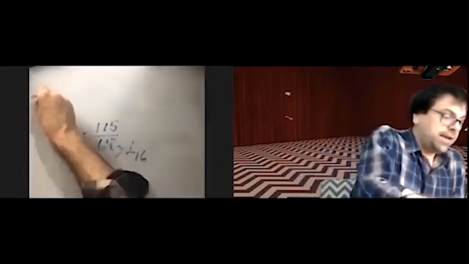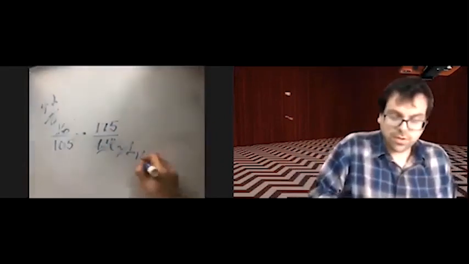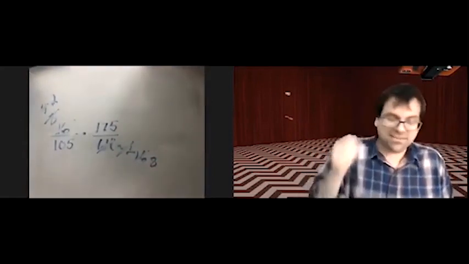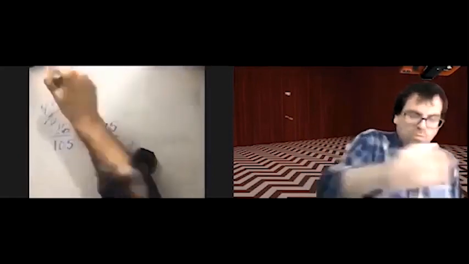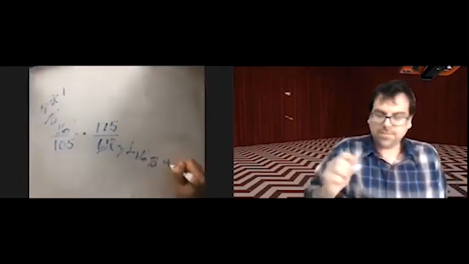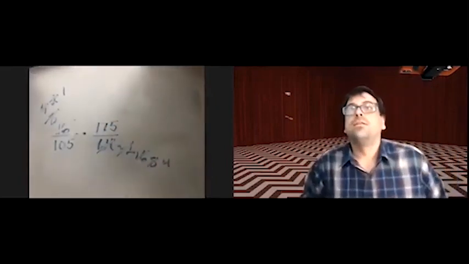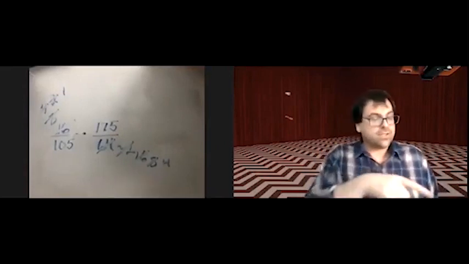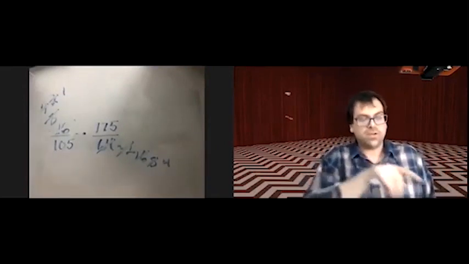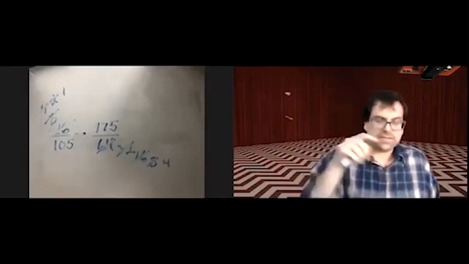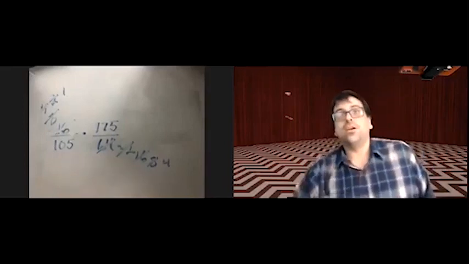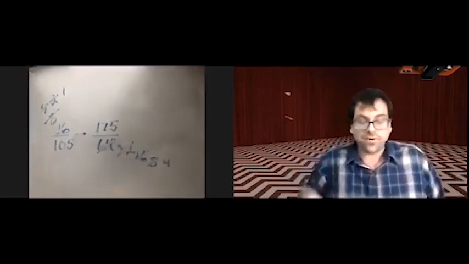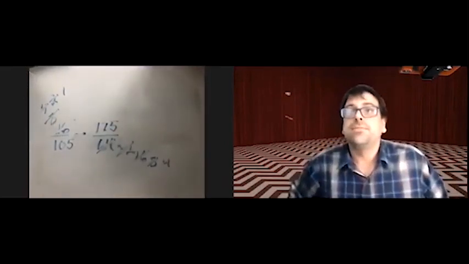Still even, cut them in half again, 2 over 8. Still even, cut them in half again, 1 over 4. So it doesn't matter if you didn't realize that you could divide them both by 16, or by 8, or by 4. You can just keep going by 2. There's no end to the number of times you're allowed to cancel.